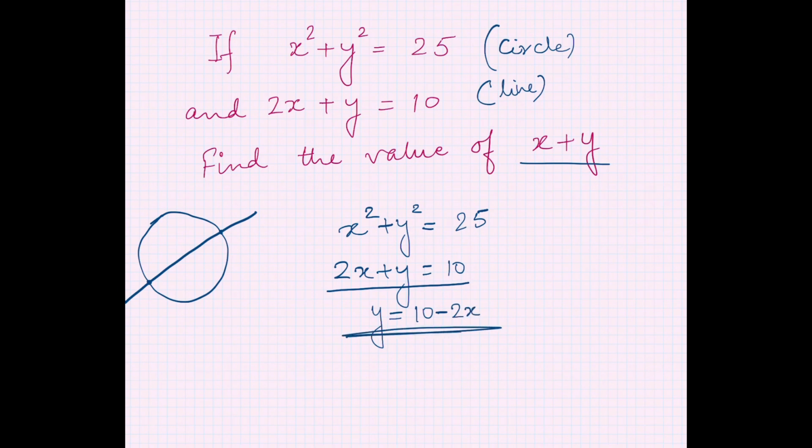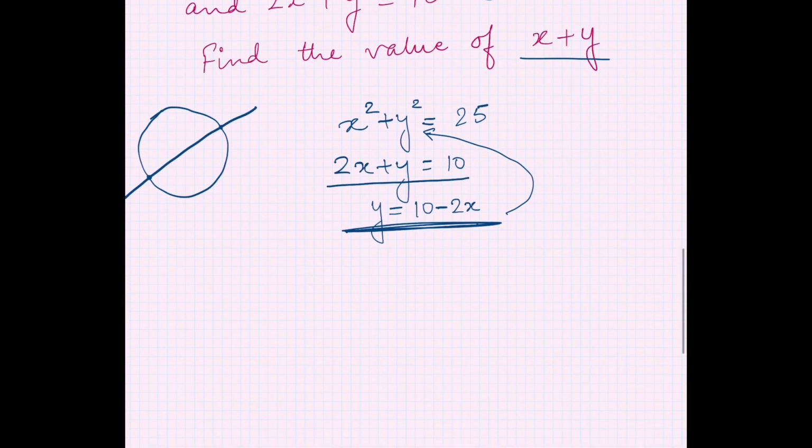Now that we have the value of y, we can substitute it into the first equation. That will give us x squared plus (10 minus 2x) squared is equal to 25.